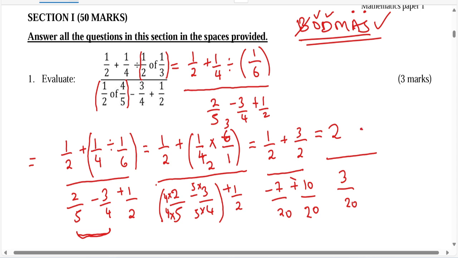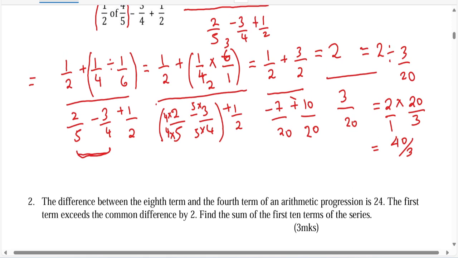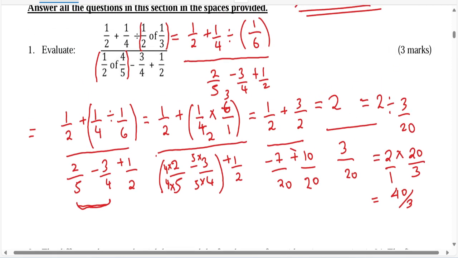Sawa. So 2 divided by 3 over 20 ni sawa na kusema 2 times 20 over 3, reciprocate. So itakuwa 40 over 3. Sawa. 40 over 3. Nadhani hapa tumeelewana. So sije hapa tukapata majibu makali.